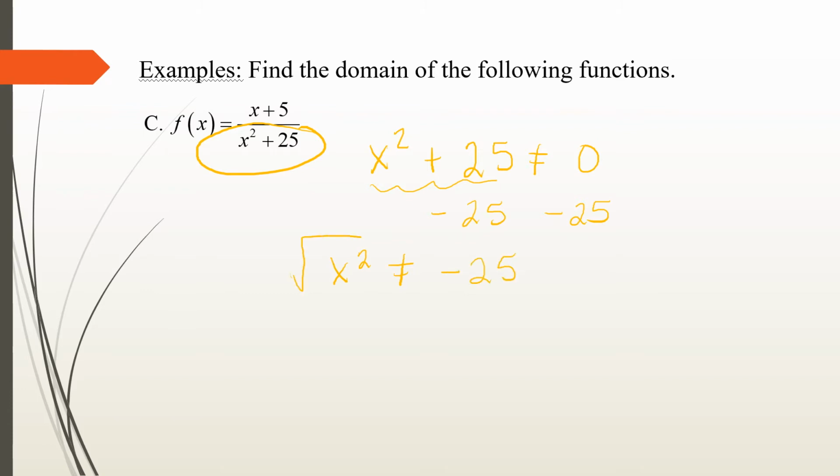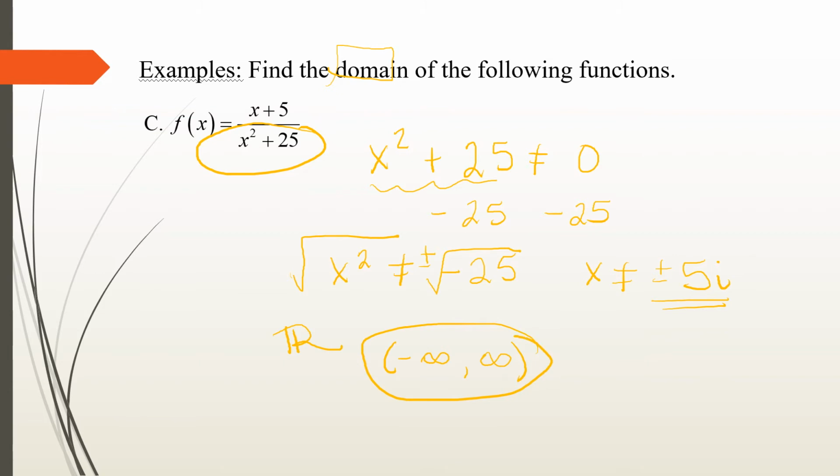Then we'll take the square root of each side, and we get x cannot equal positive or negative 5i. Well, this is an imaginary number, and our domain is just the listing of all real numbers. So our domain, what we can graph on the x-axis, is still all real numbers. So there are no exclusions on the real number line. So our domain is negative infinity to infinity.